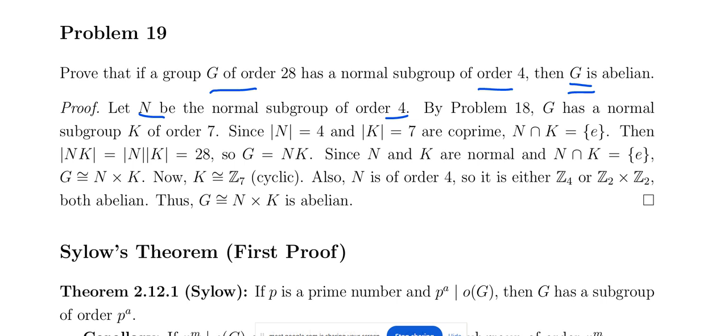N is of order 4, so it is either Z4 or Z2 cross Z2. Both are abelian, therefore G is isomorphic to N cross K, which is abelian.